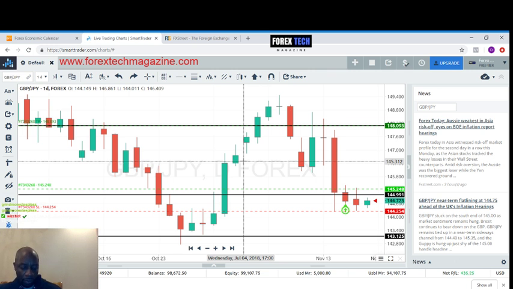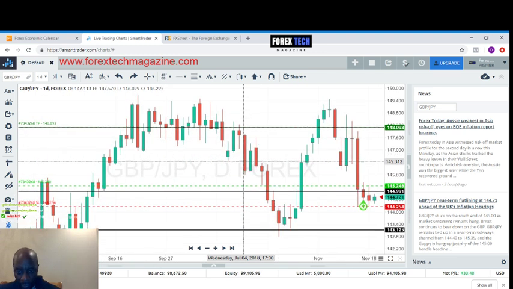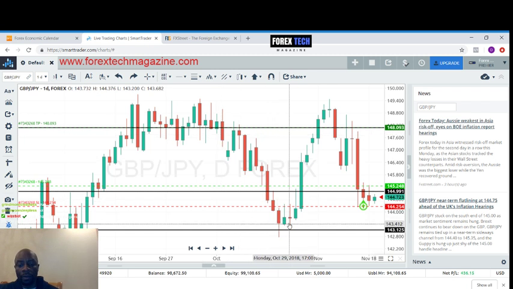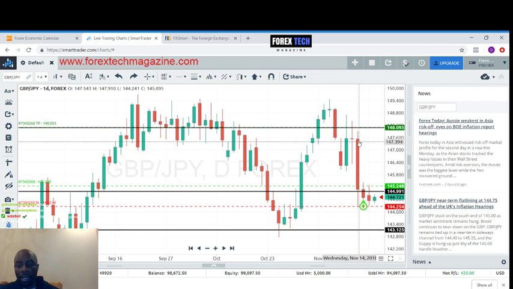And when I was looking at this, I'm trying to think, what the hell was I thinking, man? Because I actually got into this and I was buying it. The reason why I was buying this right here was just because I saw this pullback, I saw this bounce off of this minor support, came back up to resistance, and then after we had that really nasty push down the other day, based off of the news feed about the Brexit and whatnot, we had a nice pullback off of that support line, right?